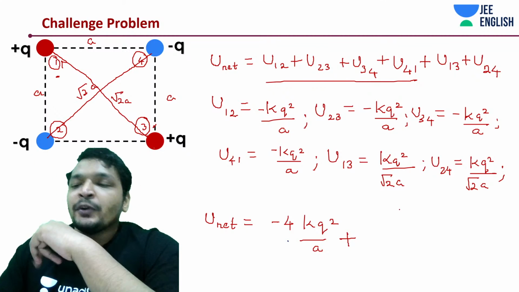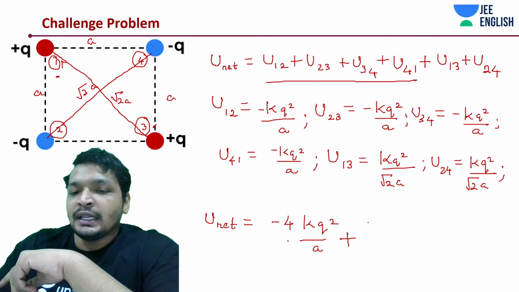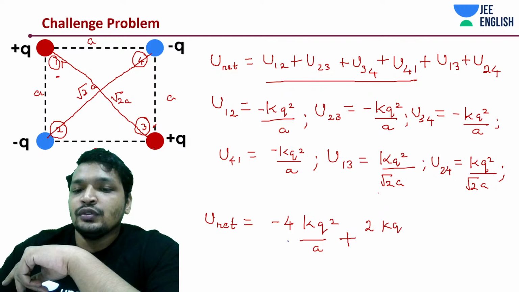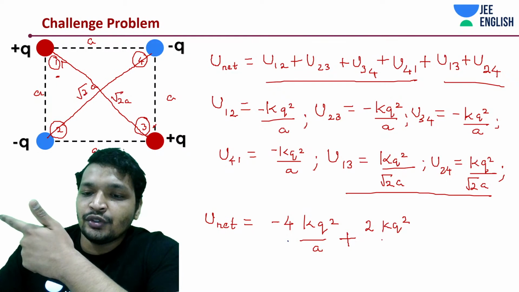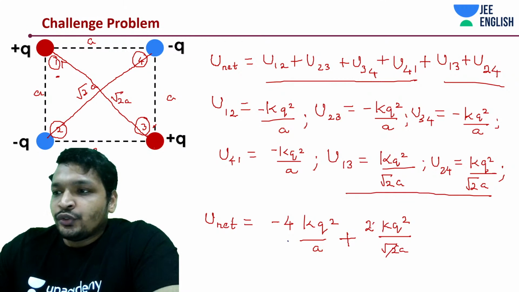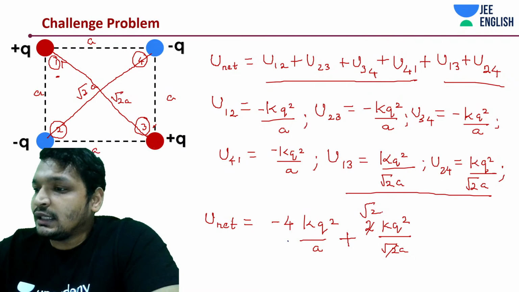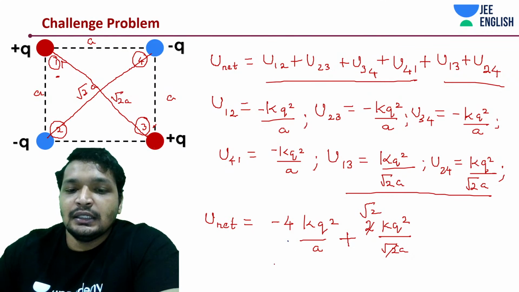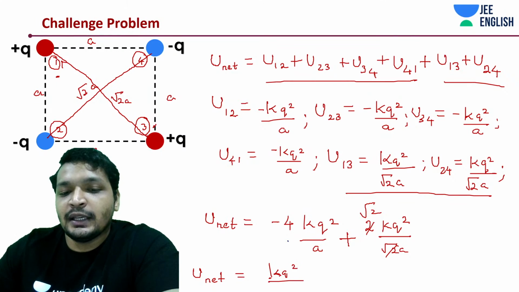There it was positive and positive, there it was negative and negative. So you will get something like 2 into k q square by under root 2a. So these both are same magnitude, right? I'm directly writing it down there. Here root 2, you'll get a root 2 over here, and that is it, guys. Now the rest is simple math. I mean, not even simple math. You have to basically take out something common, k q square by a, to get your answer. Basically root 2.